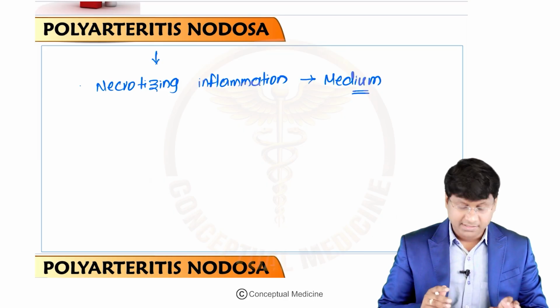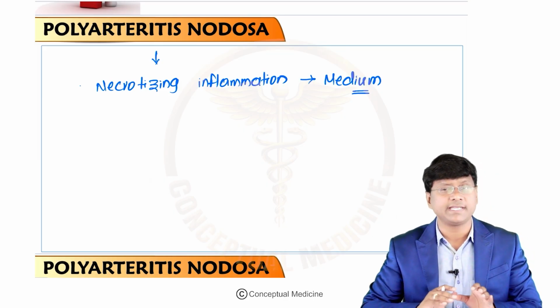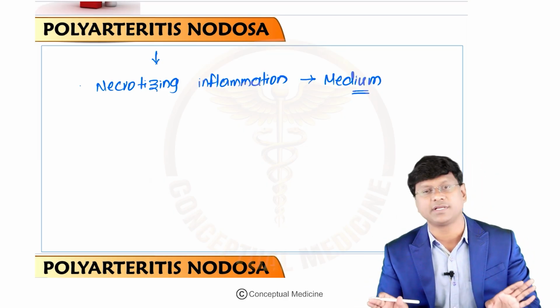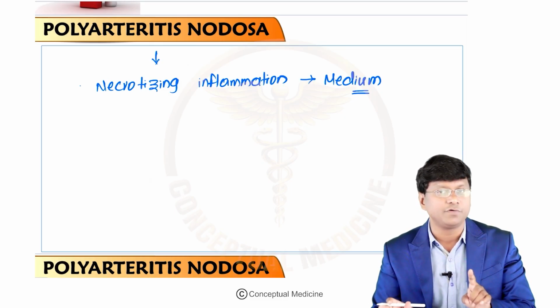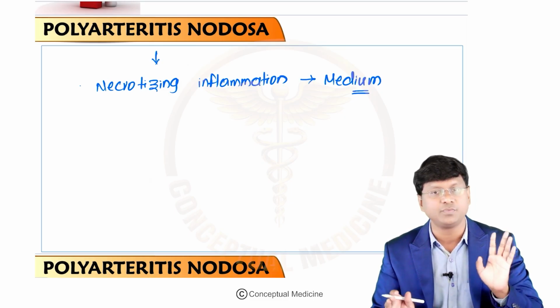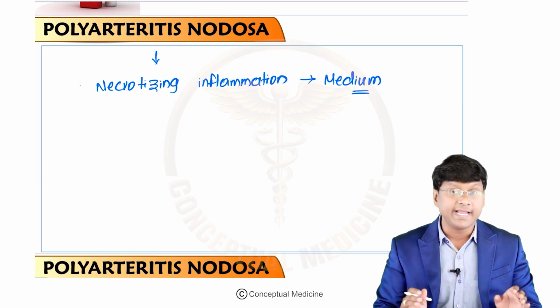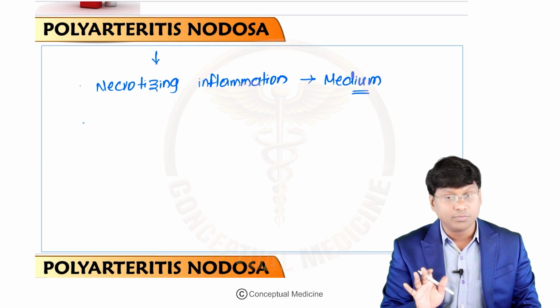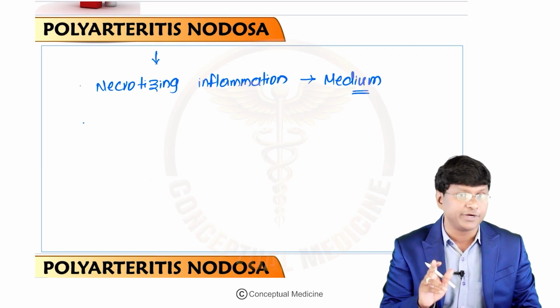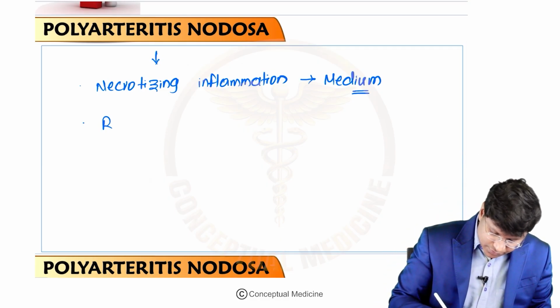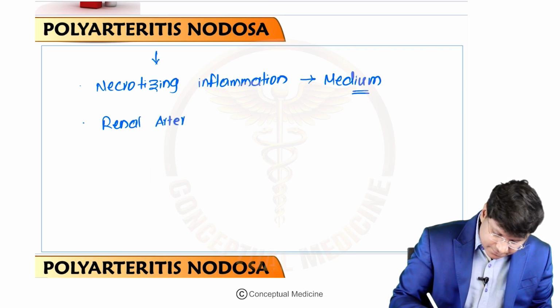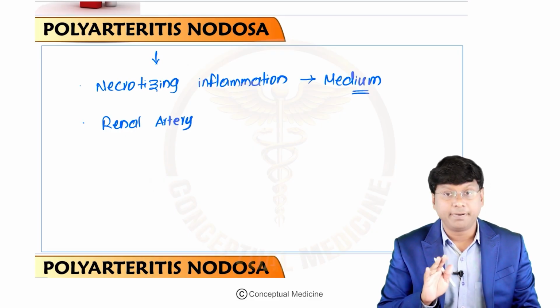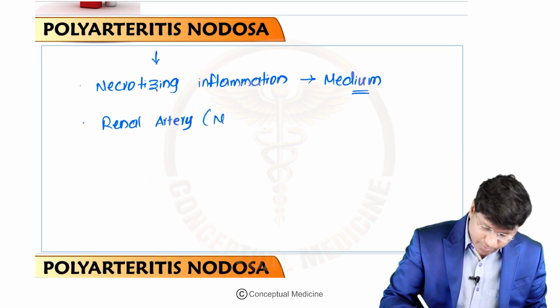This polyarteritis nodosa can involve virtually any organ with the exception of the lung. Lung involvement will not be there. And there will be renal artery involvement, but glomerulonephritis will not be there. This is another point that you should know. So there is involvement of the renal artery, but there is no glomerulonephritis.